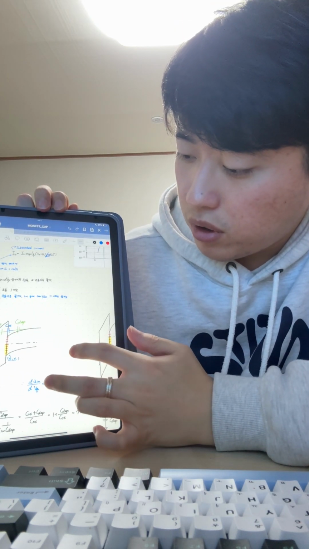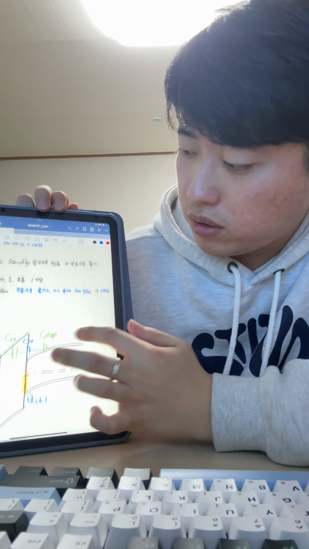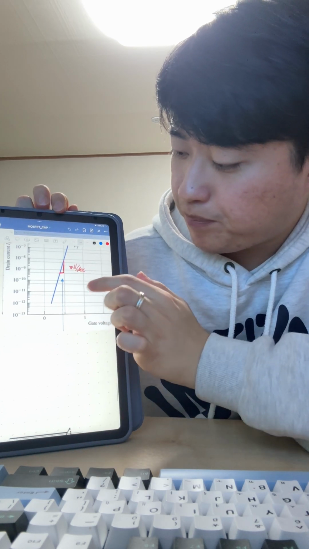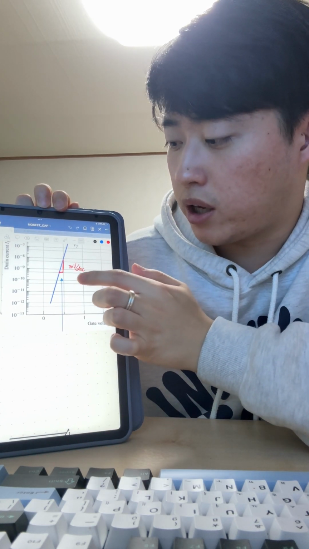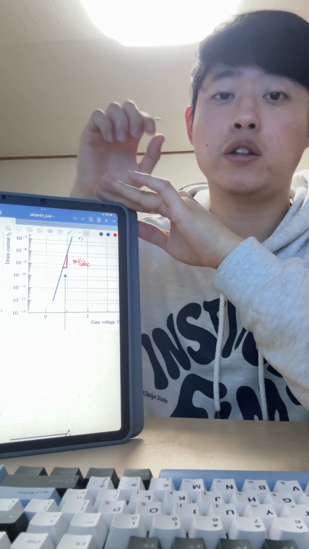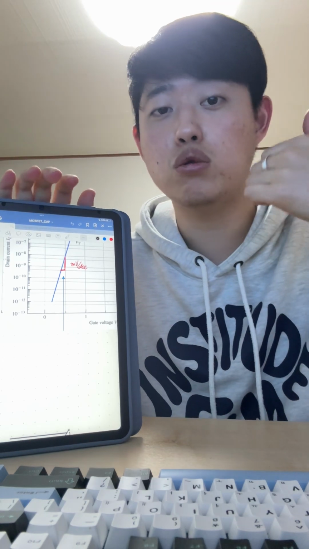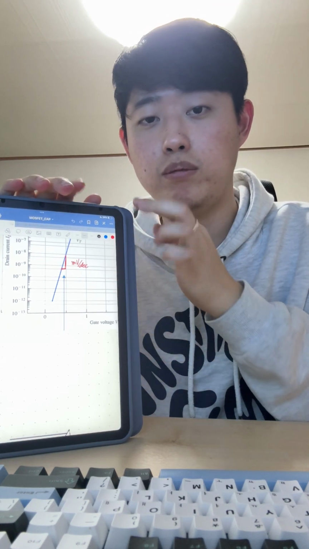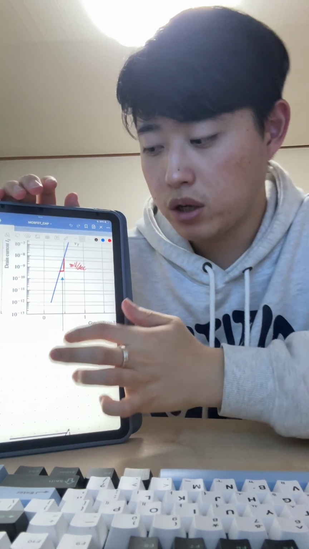so the slope is in millivolt per decade, and a lower millivolt per decade is much better. Okay, low millivolt per decade is very good. Okay.